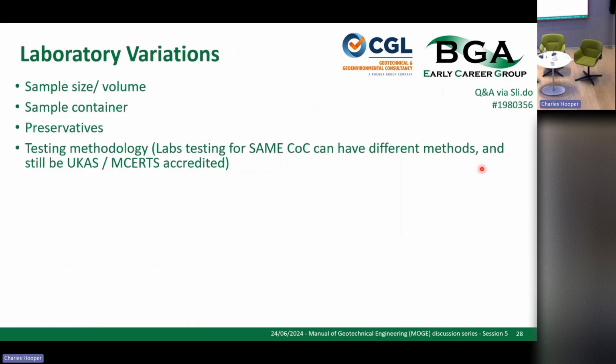So where do the labs vary? What's the difference between them? You've seen the typical sample containers, so the size, the volume of the sample, the container it goes into. Preservatives. We try and avoid preservatives because then potentially we're handling chemicals. However, in some of the British standards, there is a requirement to stabilize VOC samples using methanol.